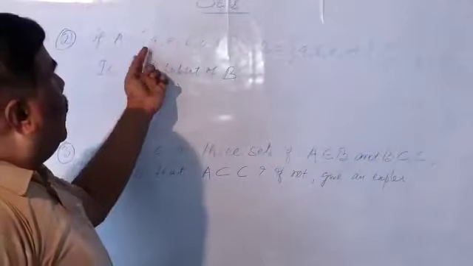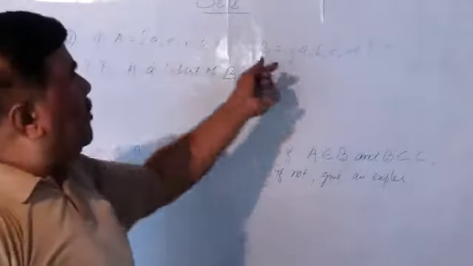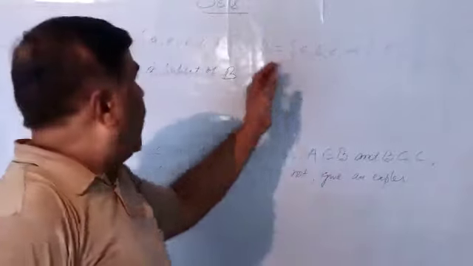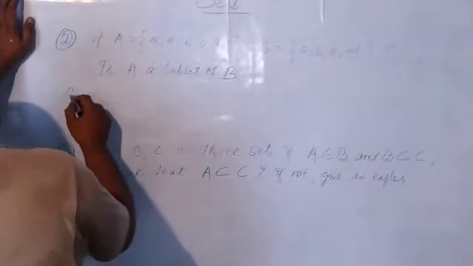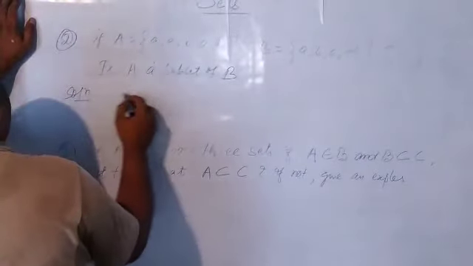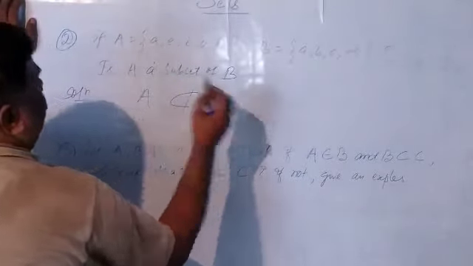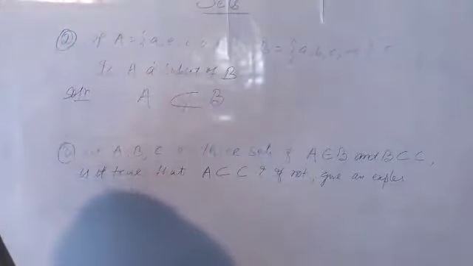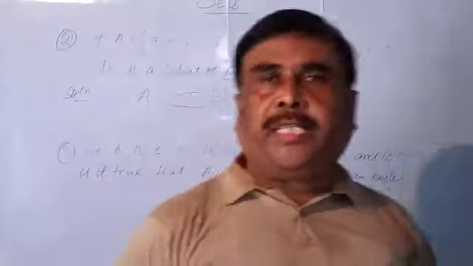Since only 'a' of set A is present in set B, and e, i, o, u are not in B, A is not a subset of B. Why? Because not each and every element of A is present in B.